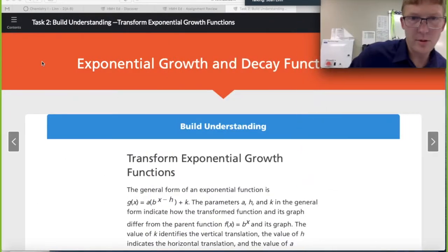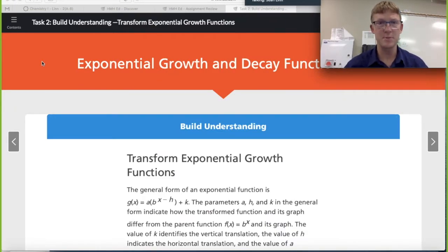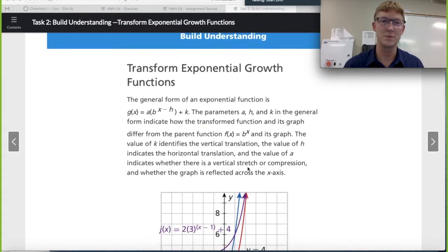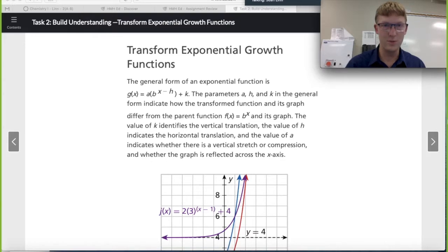So we've talked a little bit about the characteristics of exponential growth and decay, but we also need to talk about what you can do to that function. Just like we talked about in module 1 or 2, you can move that function around using transformation type stuff. So let's transform exponential growth functions. I hope this looks a little familiar.